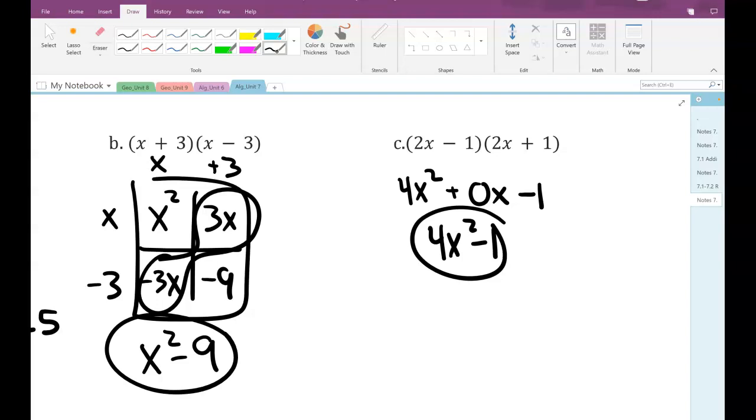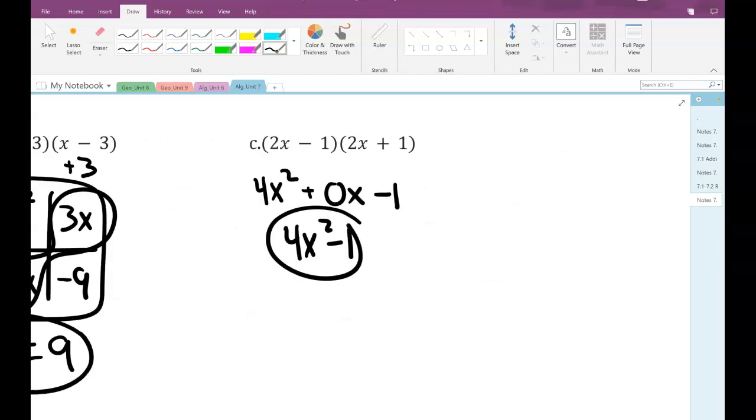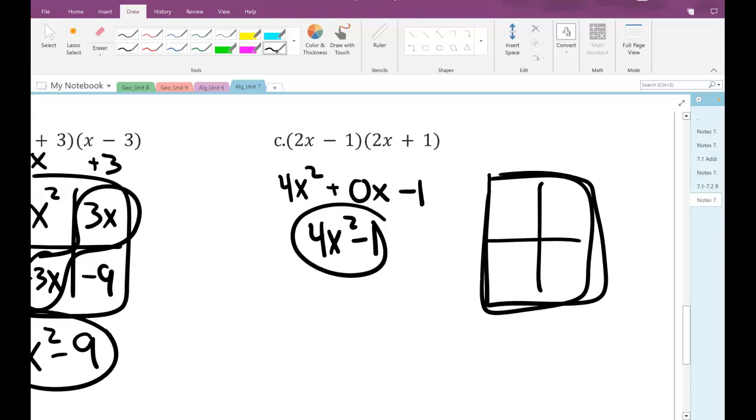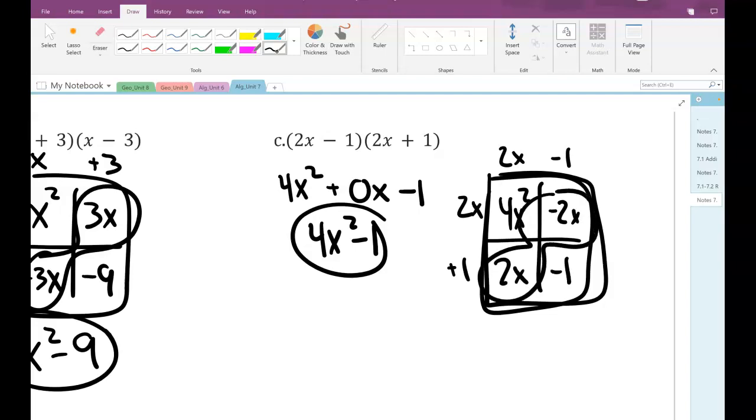I just think, what would be my top left corner of my box? What's my bottom right corner of my box? It would be 4x squared. If you do it this way, this would be a negative 2x, a positive 2x, a negative 1. These cancel out. We're left with 4x squared minus 1.